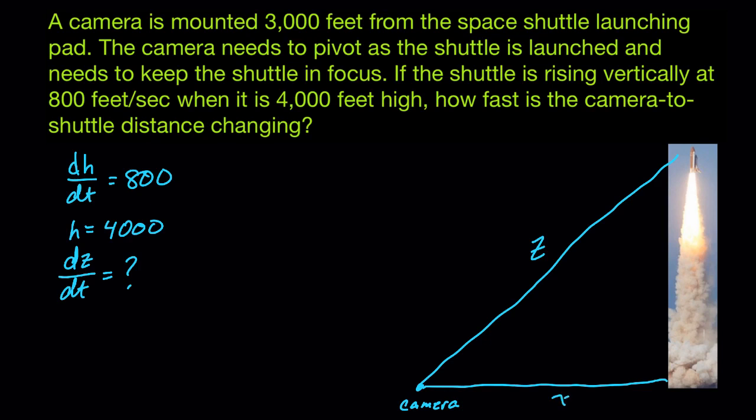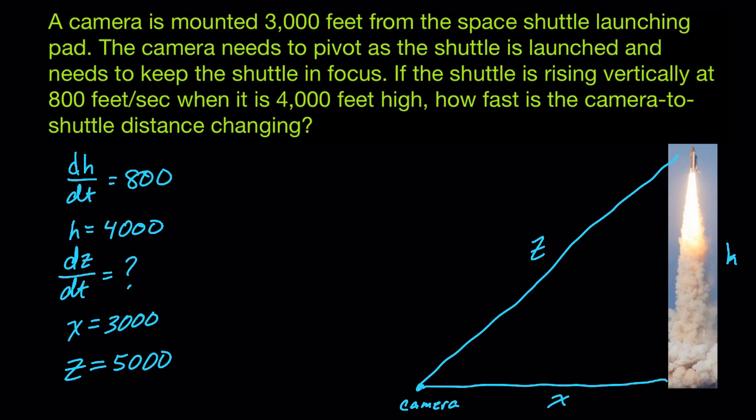Now, if we call this x and this h here, we know that x is 3,000 feet away from the launch pad. We can use Pythagorean theorem to find z. Z at this moment in time, if you do Pythagorean theorem with 3,000 and 4,000, you're going to end up with 5,000, a 3, 4, 5 triangle.